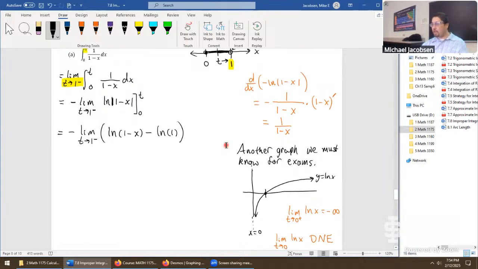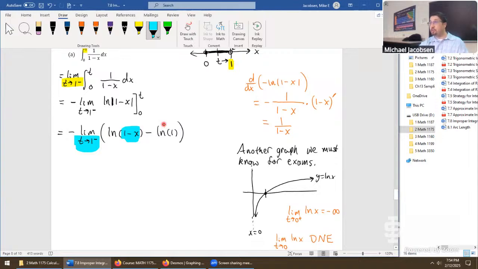Okay, now that we have that graph, notice how this feels a little bit different. When you're looking at this, you're heading towards 1, specifically from the left. When that happens, the values inside the natural logarithm are getting smaller and smaller. That means you're inputting smaller and smaller values into natural log of x. We're getting negative infinity on this part right here.